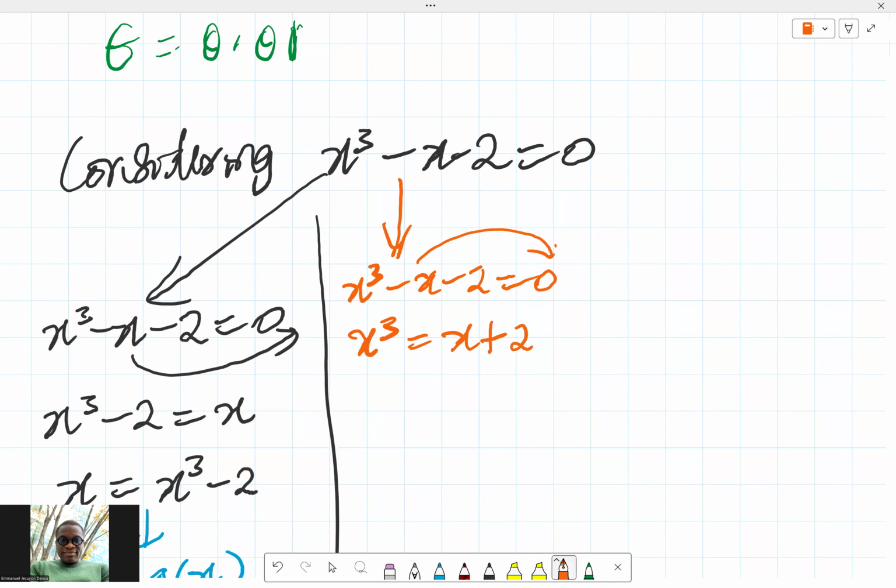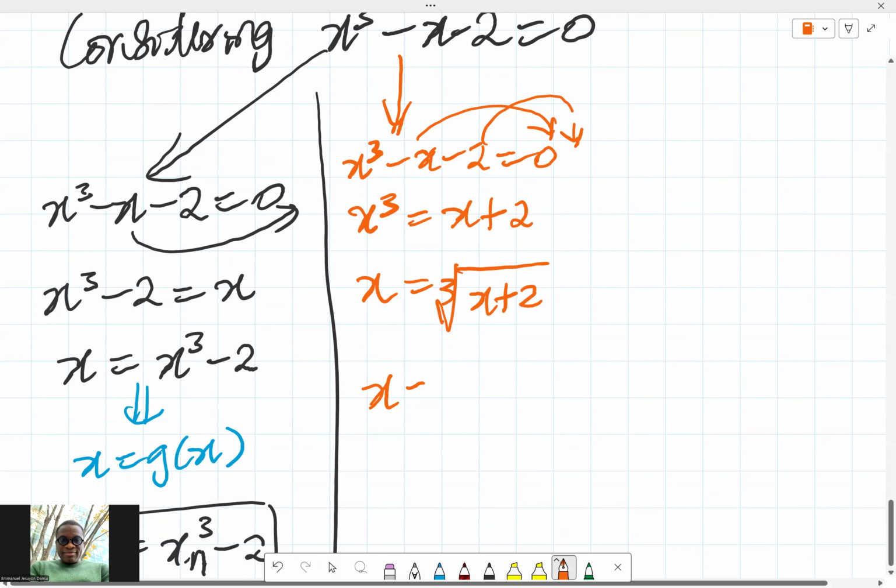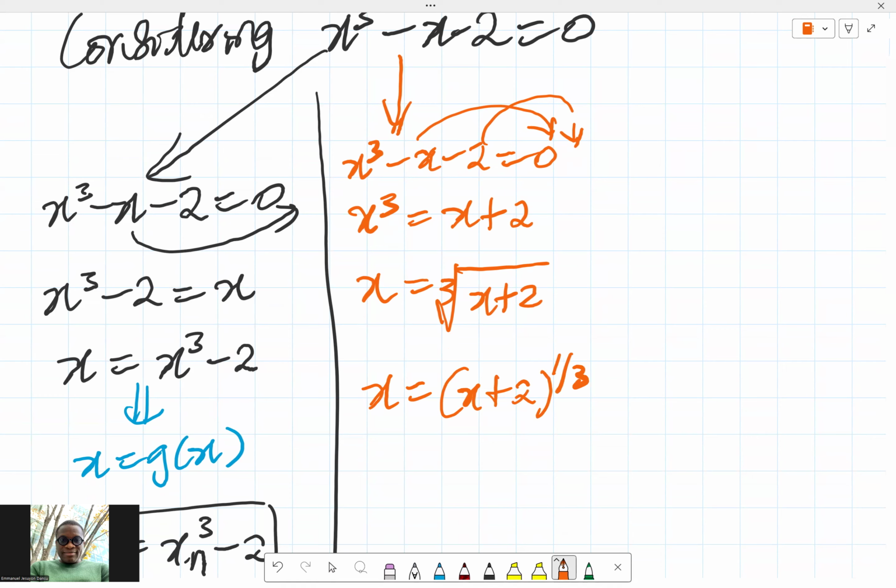That means minus x goes here, minus 2 also goes here. So you have x cubed equals x plus 2, so that at the end of the day, x is equal to cube root of x plus 2. I mean, what that means is that x is equal to x plus 2 raised to power 1 over 3. So we can also have that.